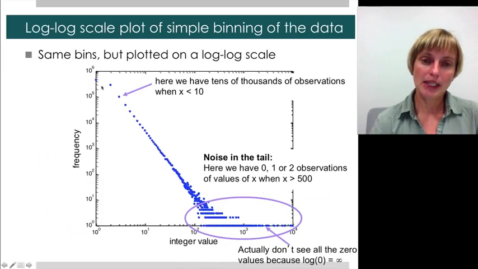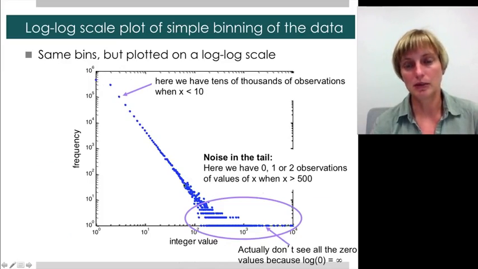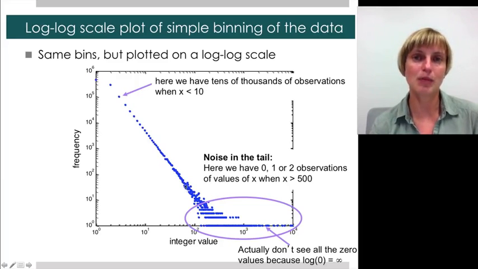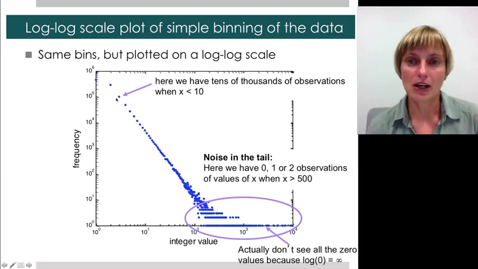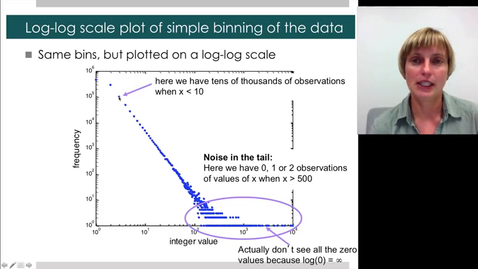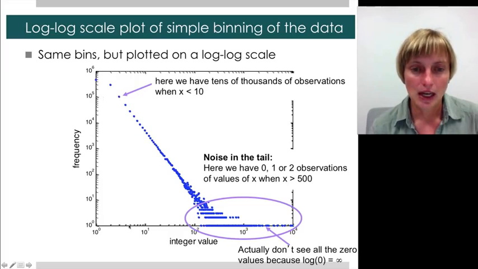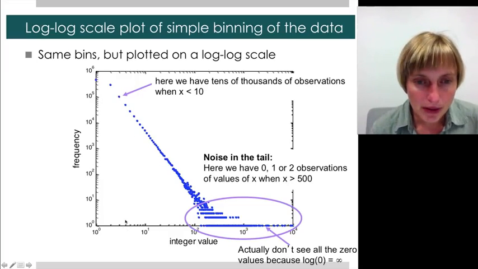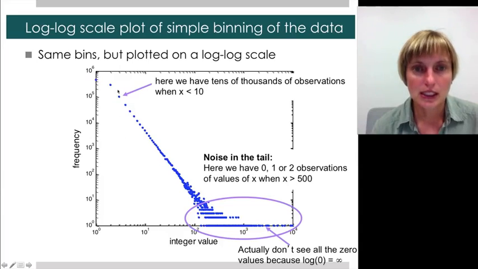And this is it on a log-log plot, and here actually it looks pretty good. It looks like we can fit this, but there's a basic problem, which is that here we have tens of thousands of observations, right? This is something like 100,000 of the data points that were generated, I guess this might be 3, right?